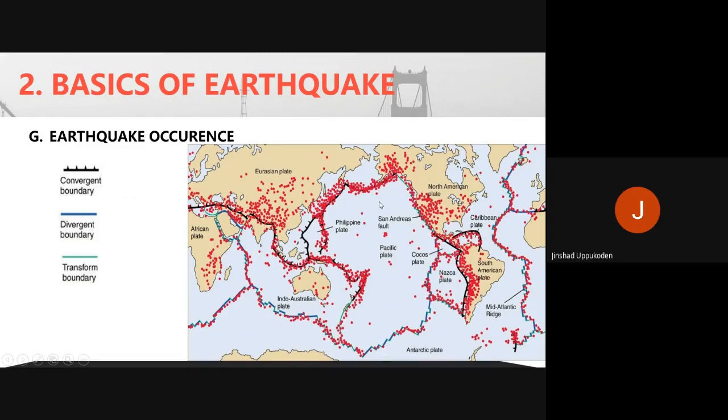Around the Pacific plate, maximum earthquakes and maximum destruction occur. You may ask why Japan is having too many earthquakes or Indonesia is having too many earthquakes. It comes all around this region: Japan, Indonesia, all these areas.